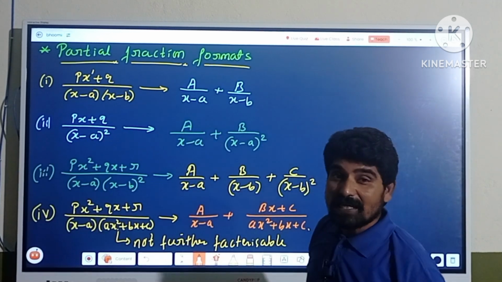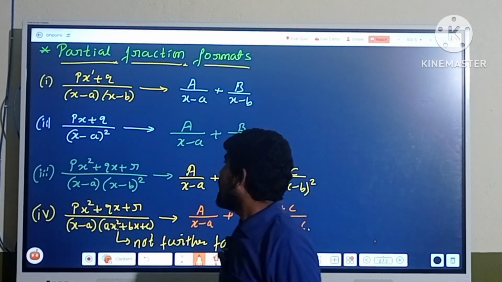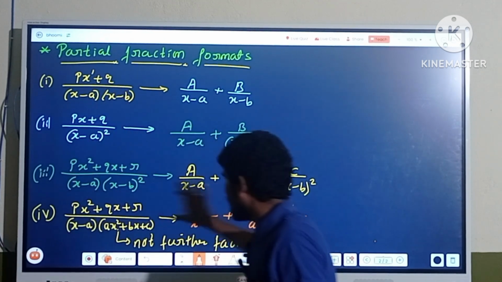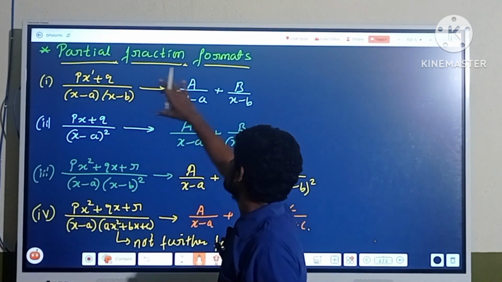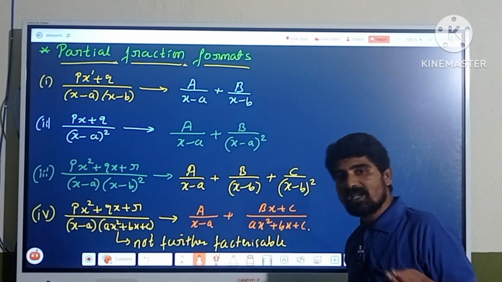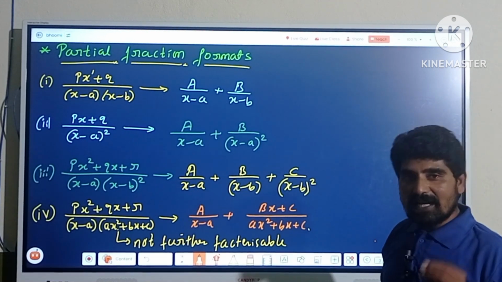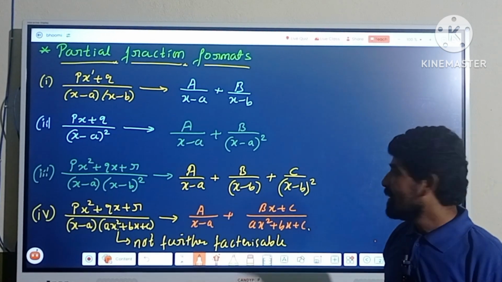If the given integral problem consists of a proper rational function, and if it is in this format, then we need to express that rational function in these given orders, then only we are able to integrate that integrand by using the partial fraction method.